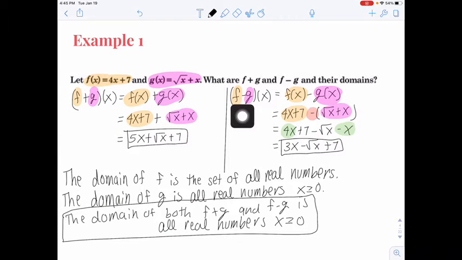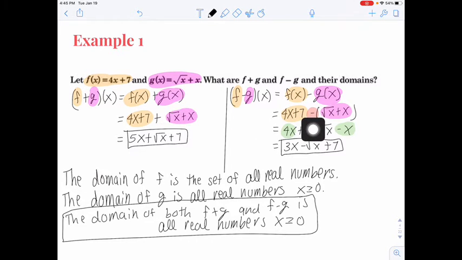We have f minus g of x. Plug in f of x and g of x. F of x again is 4x plus 7. G of x is square root of x plus x. However, this time we're using a minus sign in between the two, so it is necessary to put parentheses around your second function. When we looked at f plus g of x, a plus sign doesn't change anything, so you didn't need parentheses here. You could use them, but you don't need them.